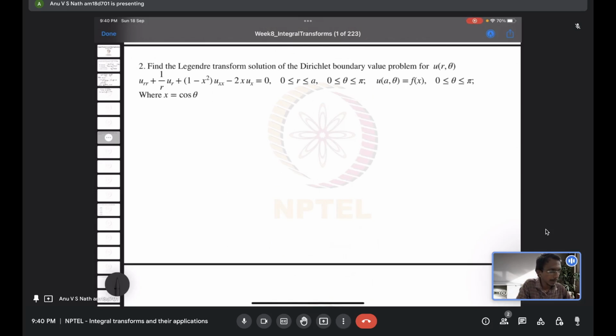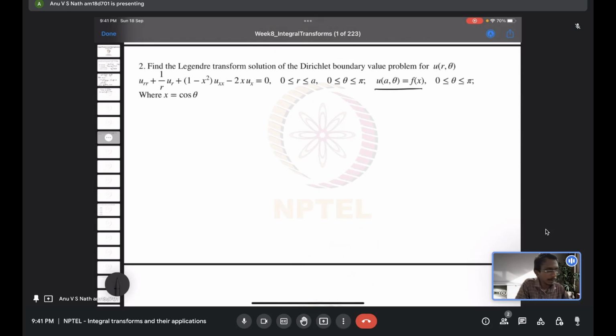So the actual parameter is supposed to be theta, we substitute x equal to cos theta, so that the differential equation we can write in terms of x, so that the function also we can express in terms of x. So basically the boundary condition is given like u of a comma theta, which is for any value of theta, the function value, that is the value of u at r equal to a, the other boundary, is given to be f of x.